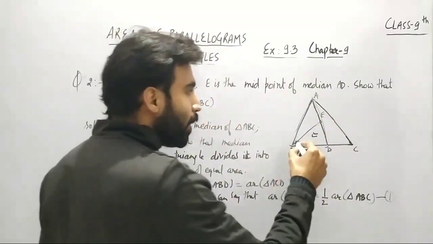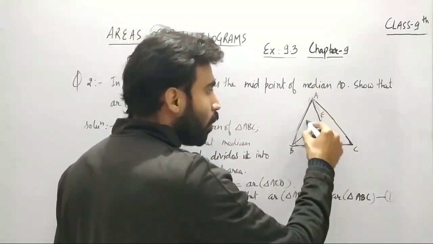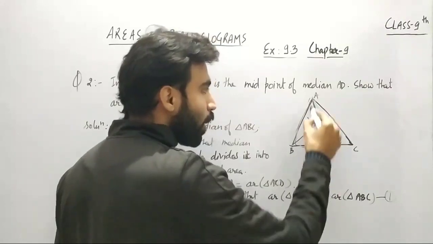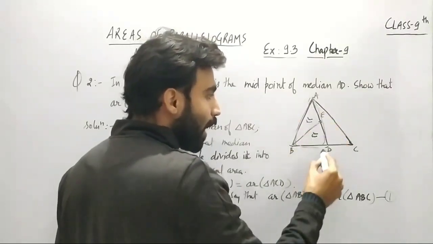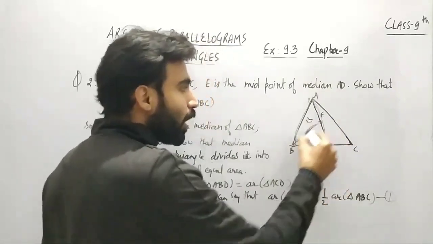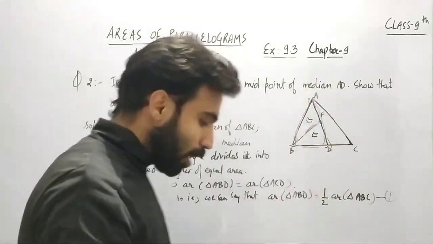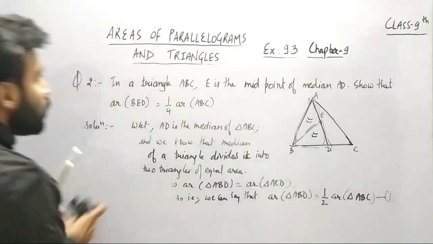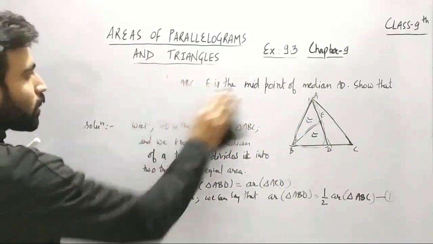So that means कि ये मीडियन भी इस ABD ट्रायंगल को दो इक्वल पार्ट्स में डिवाइड करेगी. वन इज ABE एंड द अदर वन इज BED, राइट? सो ये दोनों जो है इक्वल एरिया के होंगे. सो लेट मी जस्ट मूव ऑन विद दैट नोट. सो लेट मी जस्ट मेक सम स्पेस फर्स्ट.